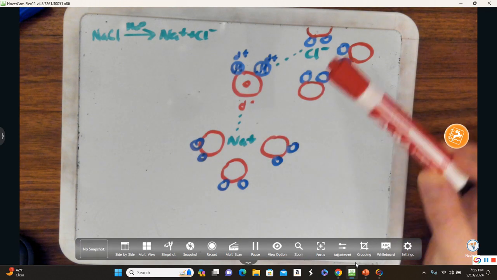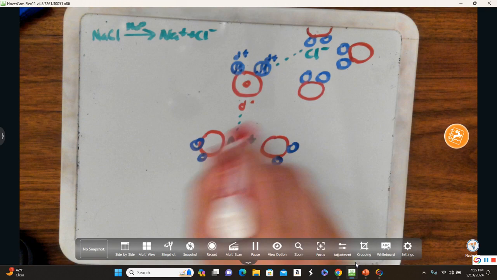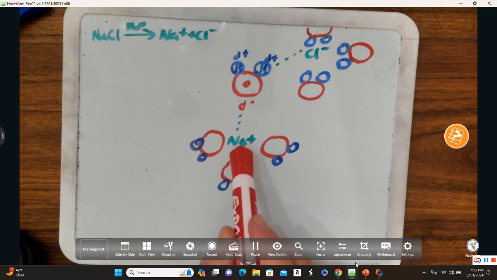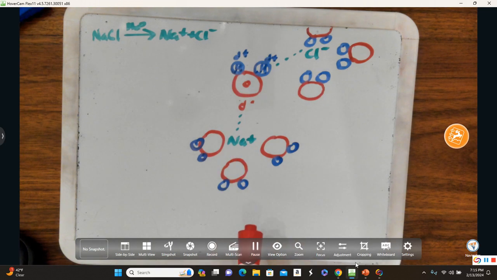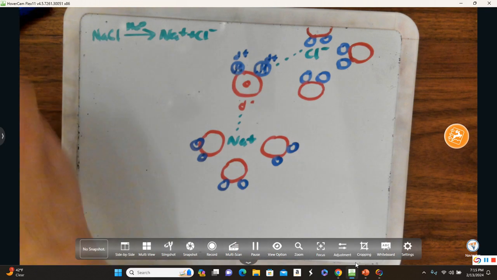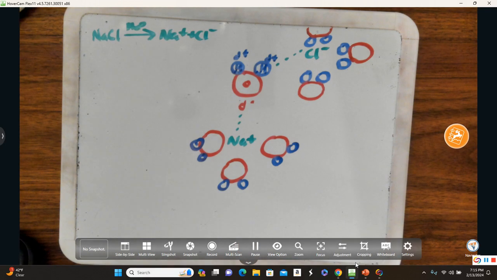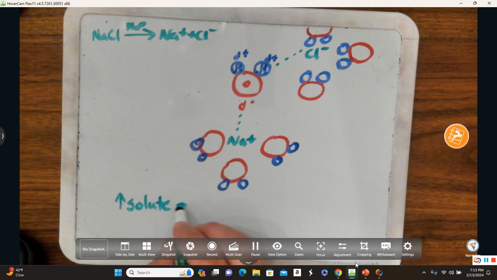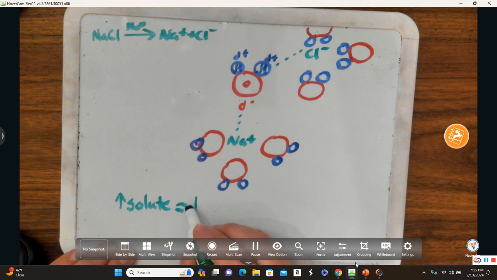These hydration shells that are forming here are water molecules being used up to keep these things dissolved. So anytime I increase a solute, this will mean that I decrease the amount of water.